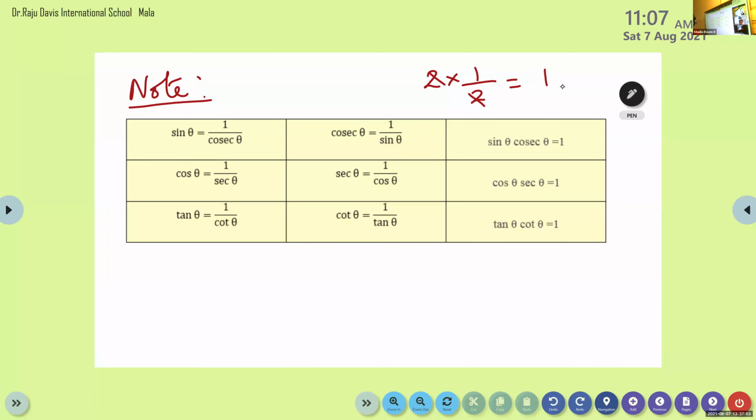Next, tan theta is 1 by cot theta, and cot theta is 1 by tan theta. Therefore, cot theta into tan theta is 1.